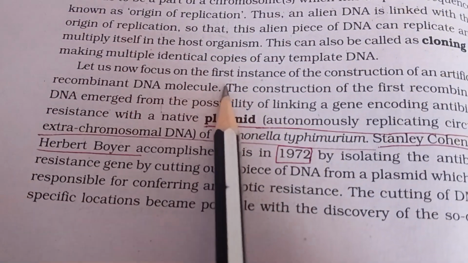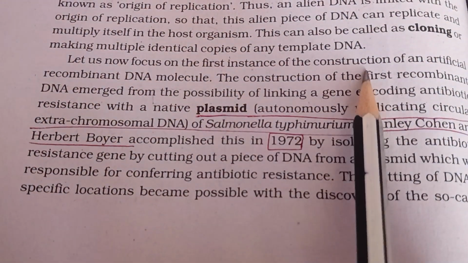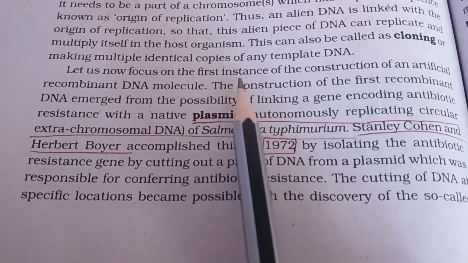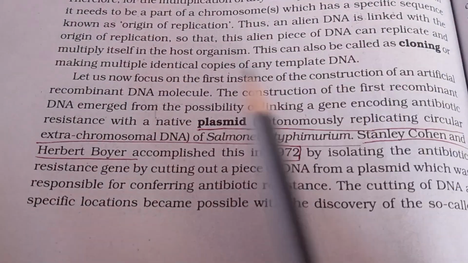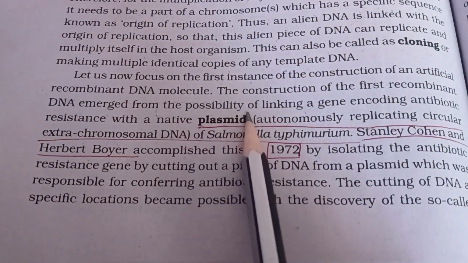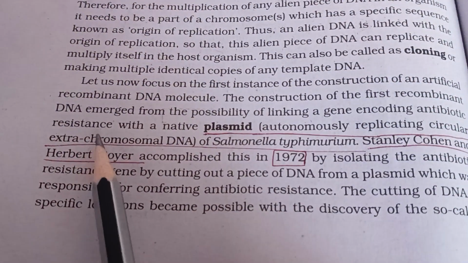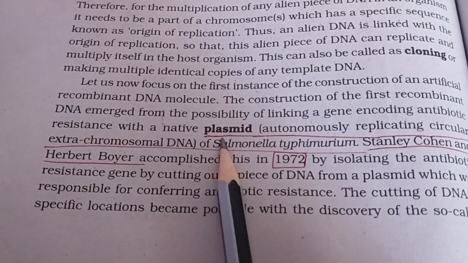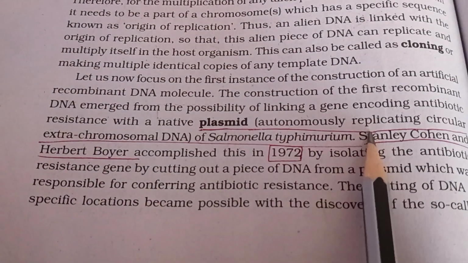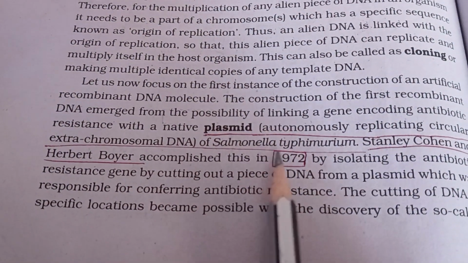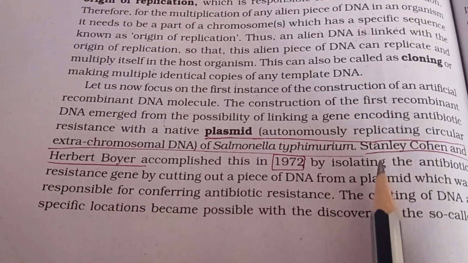Let us now focus on the first instance of the construction of an artificial recombinant DNA molecule. The construction of the first recombinant DNA emerged from the possibility of linking a gene encoding antibiotic resistance with a native plasmid, autonomously replicating circular extrachromosomal DNA of Salmonella typhimurium.